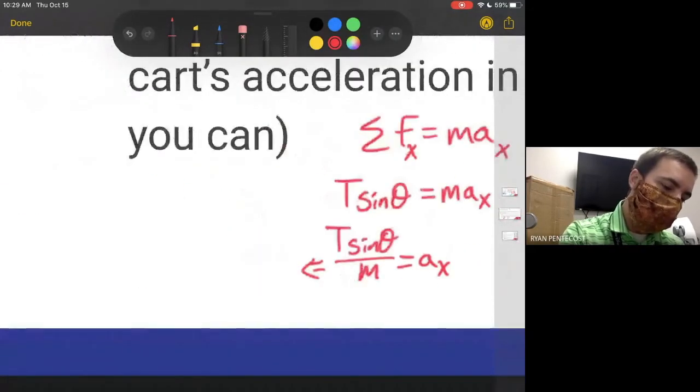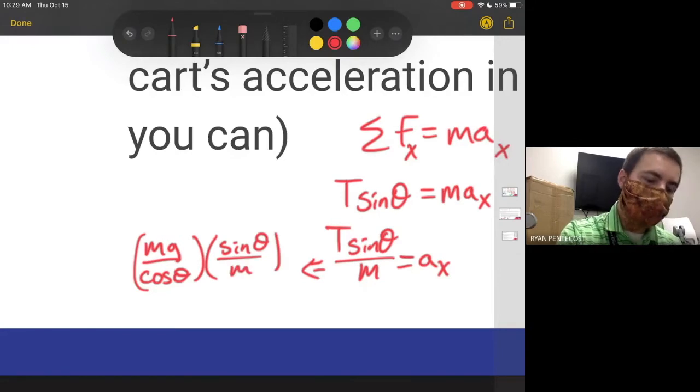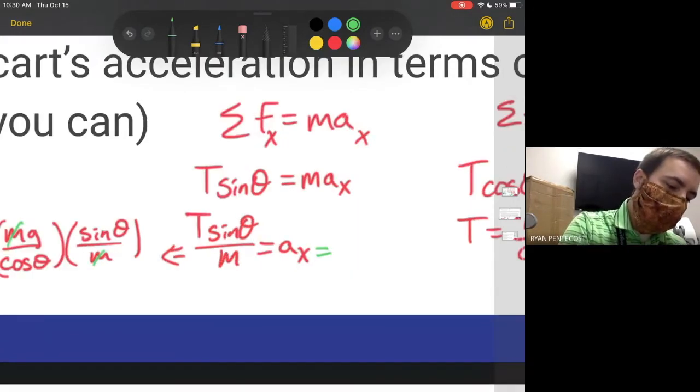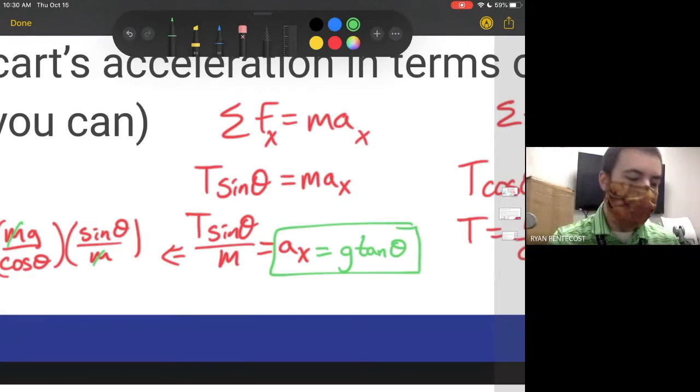We would get mg over cosine theta times sine theta divided by m, right? Now the m's will cancel. Sine over cosine can simplify to tangent. So our acceleration can also be described as just g times tangent theta, which seems a lot more simple than T sine theta over m.